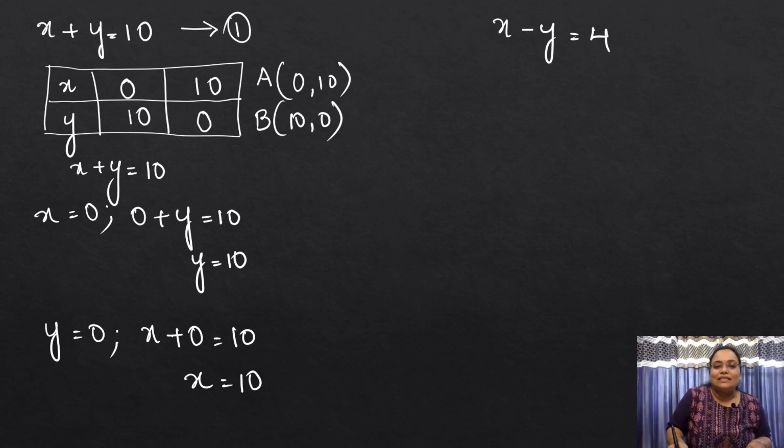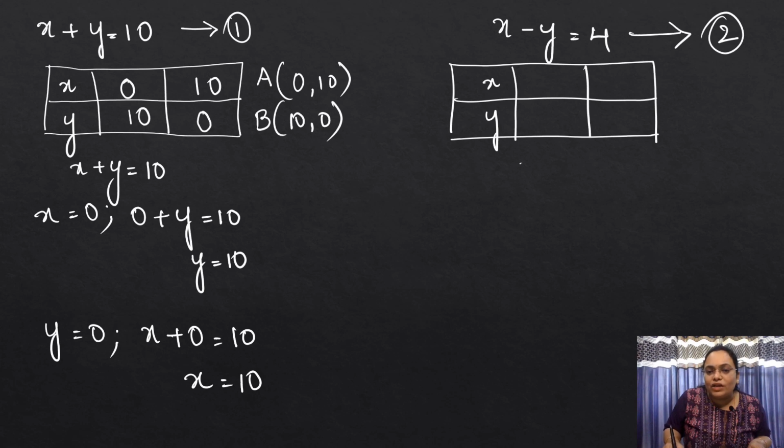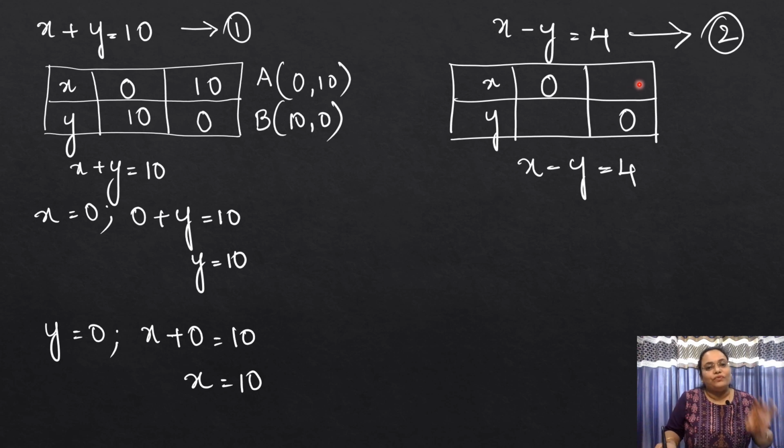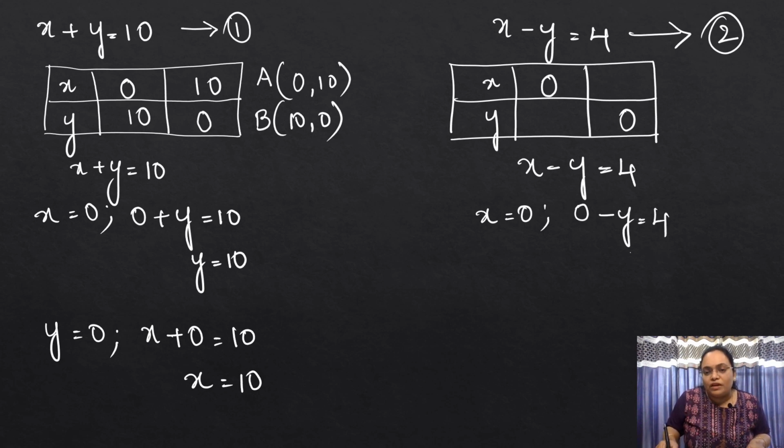Now let us find the points for the second equation. The equation is X minus Y is equal to 4. Put X is equal to 0 and find the value of Y, and put Y is equal to 0 and find the value of X. This is the easiest way to find the points. When X is equal to 0, this will be 0 minus Y is equal to 4, so Y will be minus 4.